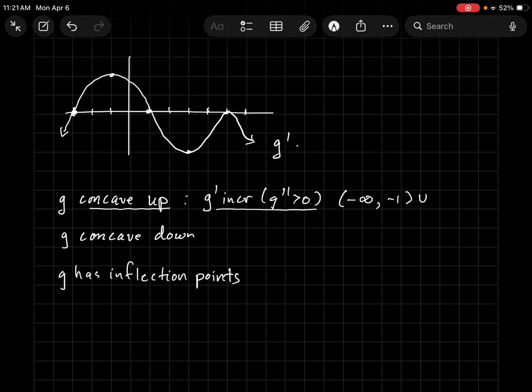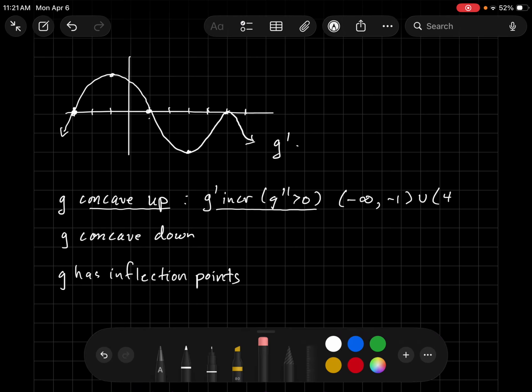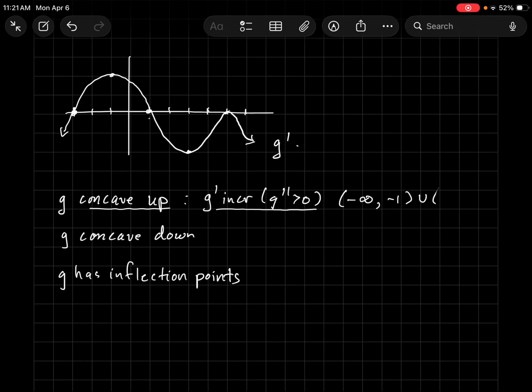Is there any other place where g prime is going up, that is increasing? Sure, from 1, 2, 3, 4. If I can count correctly, 1, 2, 3. I can't count correctly, so I will fix it here. From x equals 1, 2, 3 to 5. Now, where is g concave down?